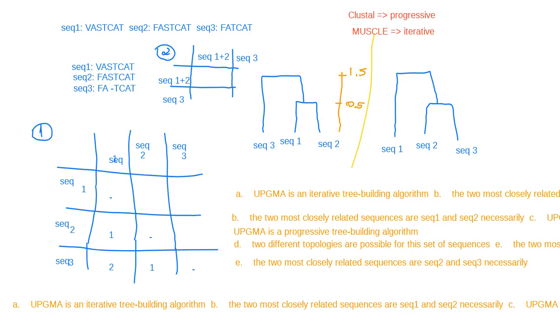So you would fill this table out, and that's how you end up with how long this branch is. So you would go sequence 1 and 2, they are the same to each other, and then the distance between sequence 3 and sequence 1 and 2 is the average of sequence 3 and sequence 1, sequence 3 and sequence 2. That information I get from this table. So sequence 3 and sequence 1 is 2, and then sequence 3 and sequence 2 is 1.